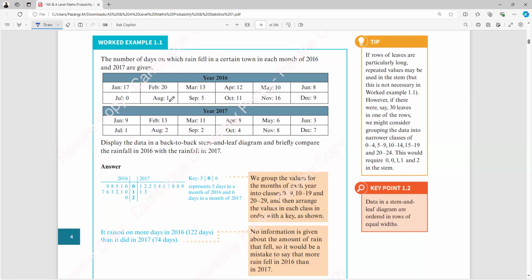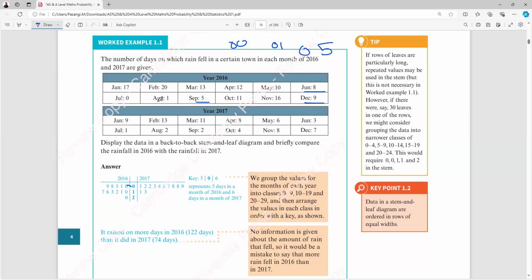Here 0, 1, 5, those are representing that. 0 is like 0, 0. 1 means 0, 1. For September, if it's 0, 5, those values, for the stem they use 0. So 0, 1, 05, 08, 09. The actual values are these ones: June 8, June 9. That is what is represented there.